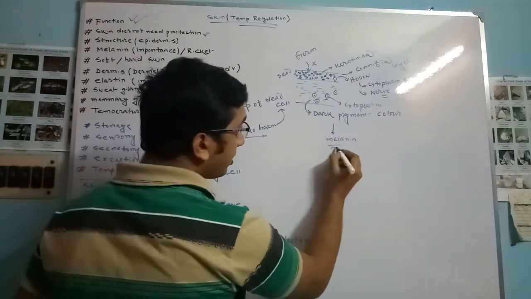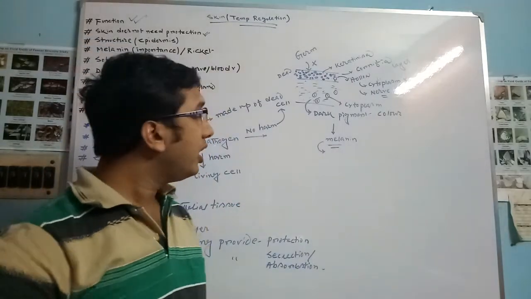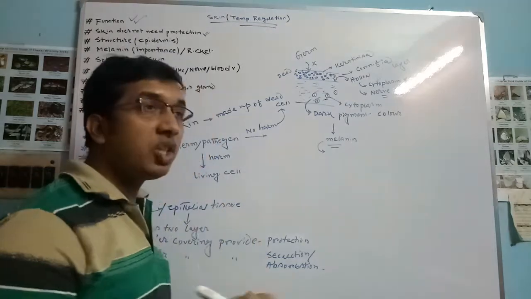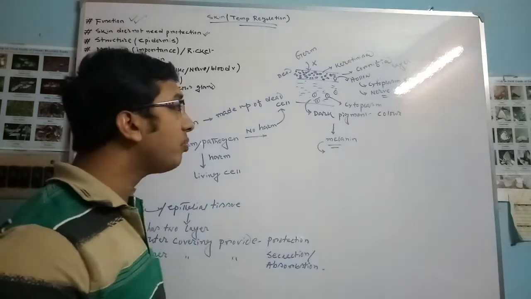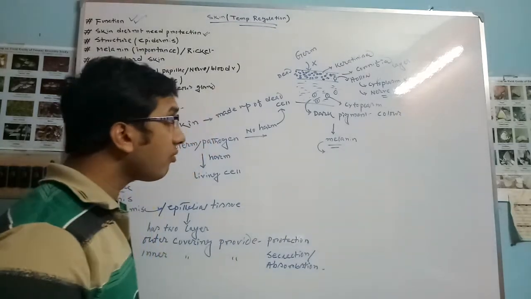On the basis of secretion of melanin, different organisms have different body colors. If the secretion of melanin is more, the body color becomes darkish. If the secretion of melanin is less, then the body color becomes pale.